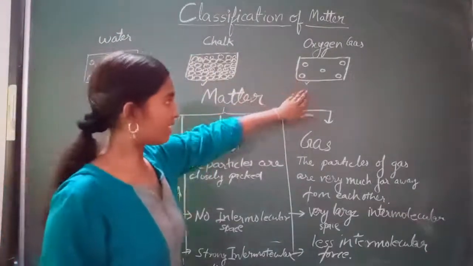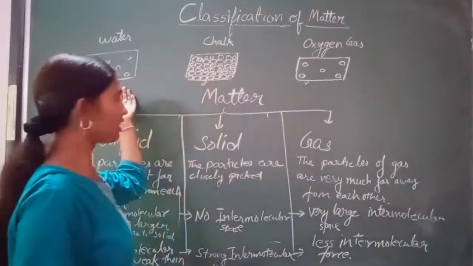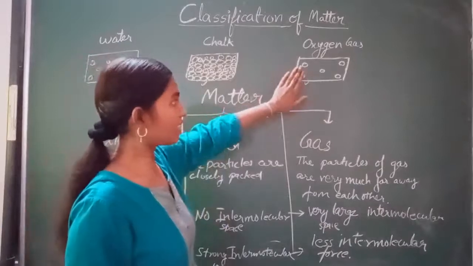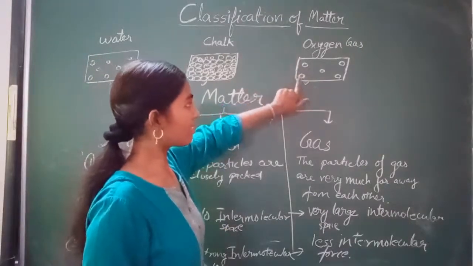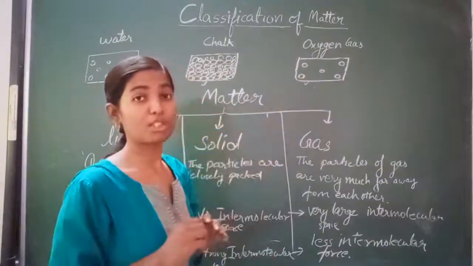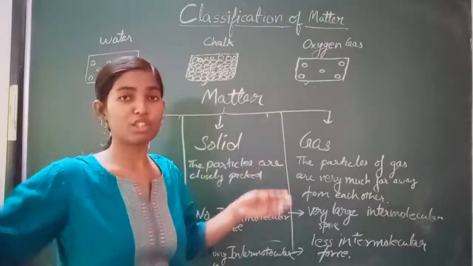Now come to gas. It depends on what you are comparing with, solid or liquid. Better to compare with solid. In oxygen gas or any kind of gas, the molecules are very far away from each other, so there will be more space. If one person is standing here and one person is standing there, there will be more space.